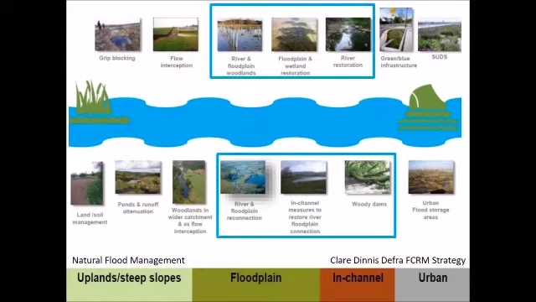And what we see is a great emphasis here in the floodplain and in channel part of their diagram on river and floodplain woodlands, on floodplain and wetland restoration, on river restoration, on river and floodplain reconnection, on in-channel measures to restore river floodplain connection, on woody dams.